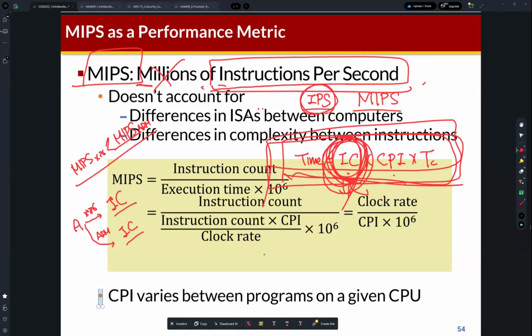For example, if we compare two computer systems that use different ISAs, such as x86 or ARM, then we cannot use MIPS, because the instruction count is different. So you need to remember.